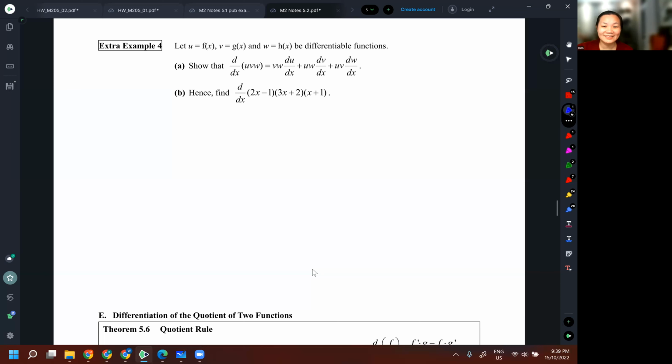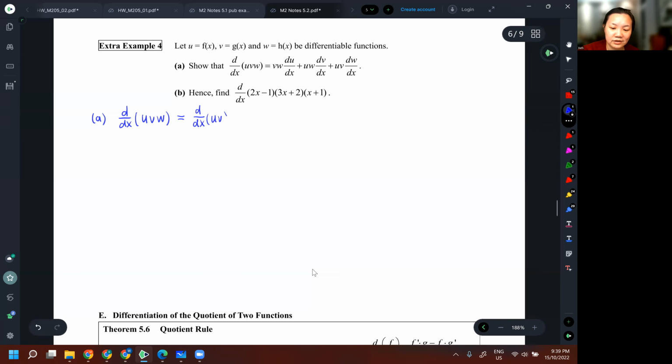Can you think of this way? So d/dx of UVW, by the product rule, is d/dx of UV times W plus UV times d/dx of W. Agree?